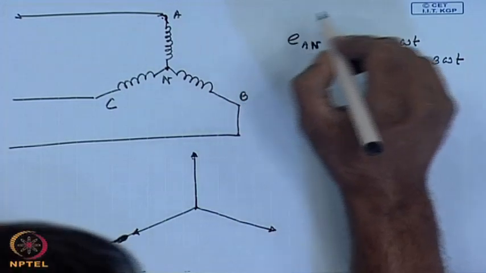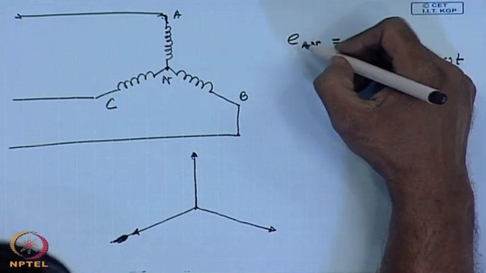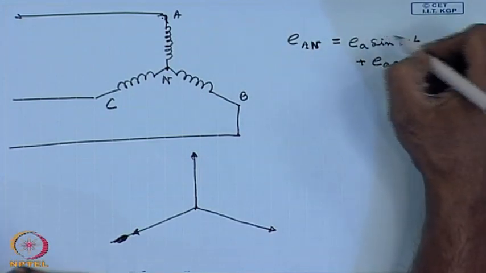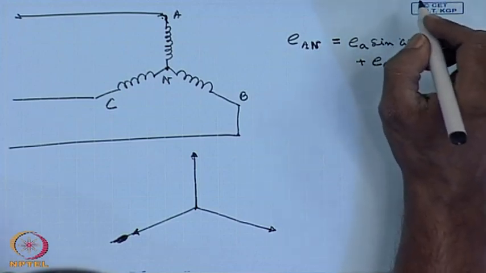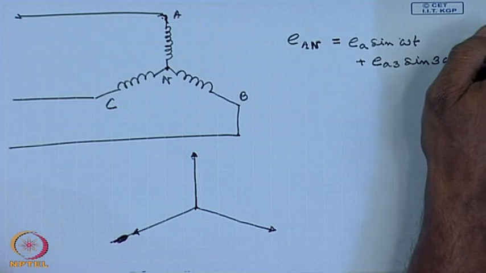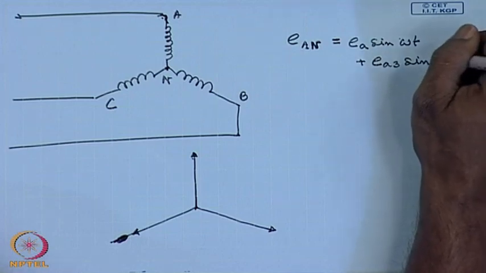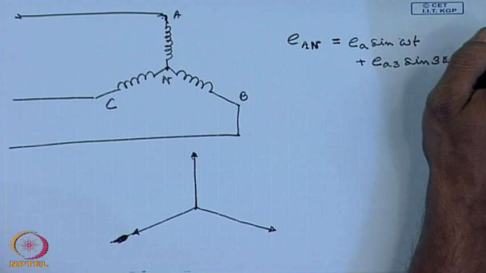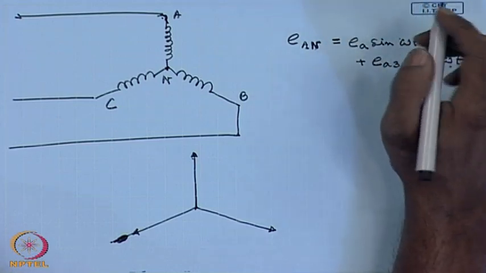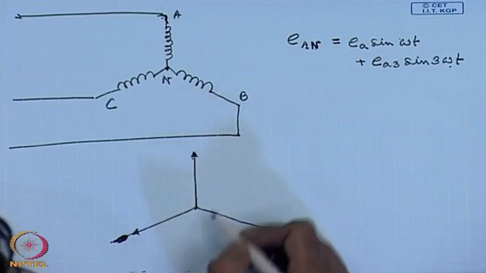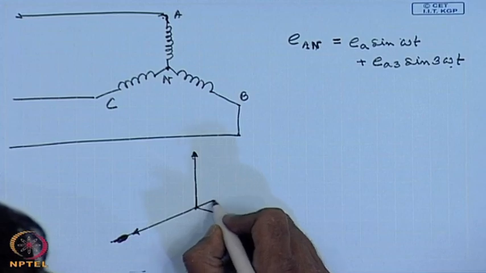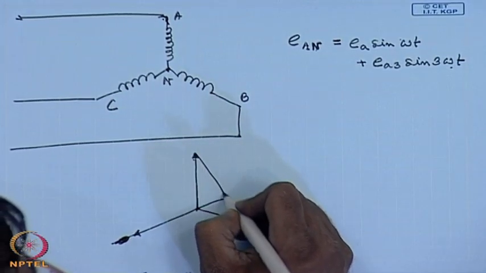Now, what will happen in this case? Here the voltages induced will have a fundamental component and a third harmonic component. The relative speed of this third harmonic voltage with respect to A n is 2 omega. Therefore, the phasor diagram in any case will look somewhat like this.